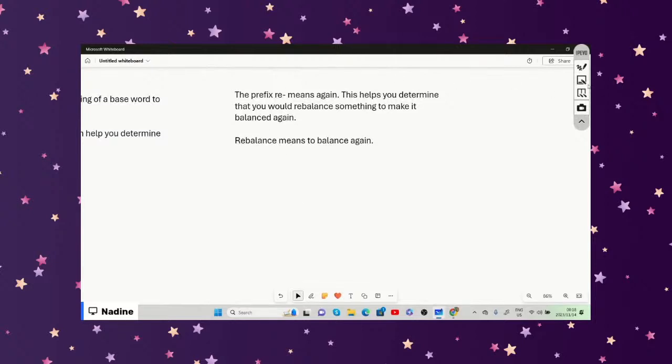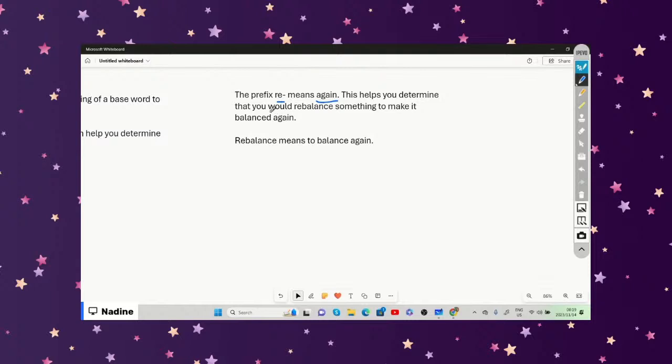And then we have another word. And this word is called re. Re is also a prefix, right? Re is a prefix. And re means again.